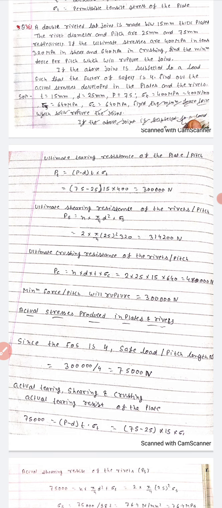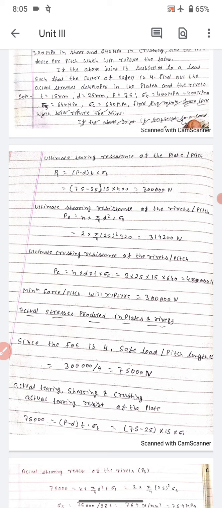If the rivet fails from one plane, that is single shear, then the value will be simply pi by 4 d square. And the shearing resistance of the rivet will be tau s or sigma s, whatever the notation. You have to stick with the concept only.